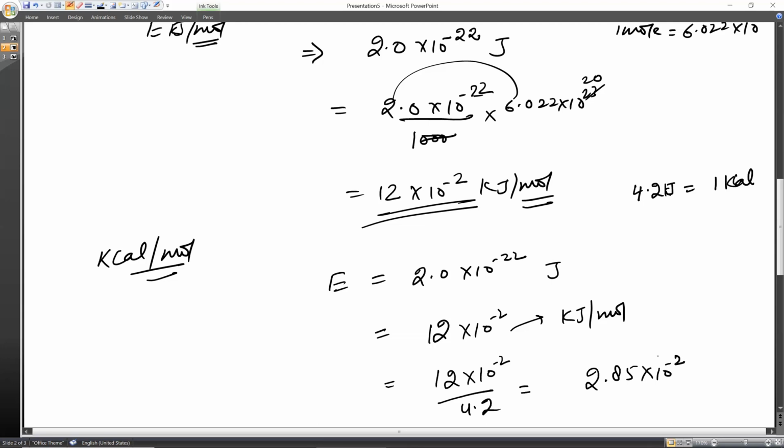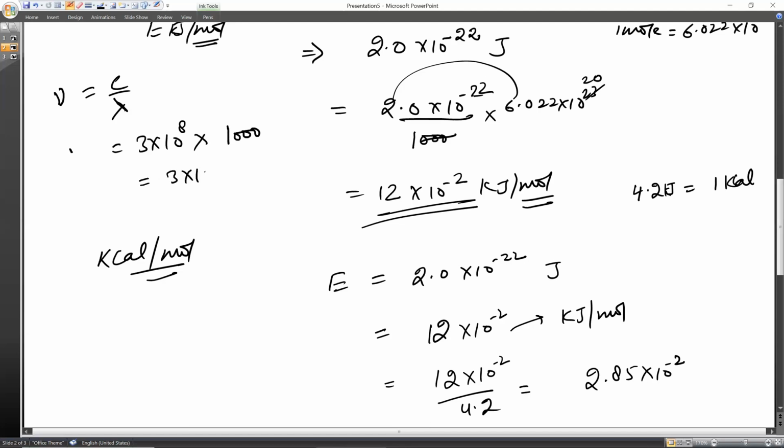Got it? Yes, sir. What is the frequency? Tell me the frequency of the wave. Frequency is c by lambda. C is 3 into 10 power 8, upon lambda. Tell me what is 1 by lambda? 1 by lambda is the wave number which is given to you, 1000.